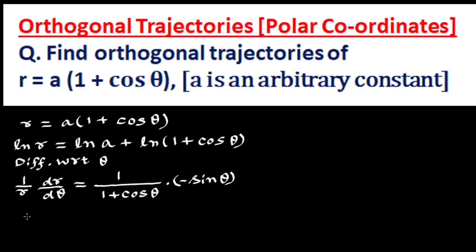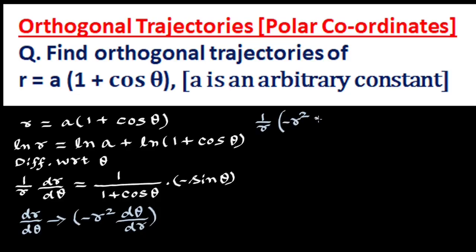For orthogonal trajectories, we replace dr by d theta by minus r square d theta by dr. That gives 1 by r into minus r square d theta by dr equals minus sin theta upon 1 plus cos theta.